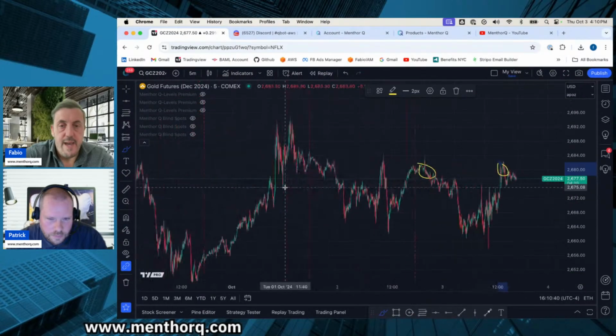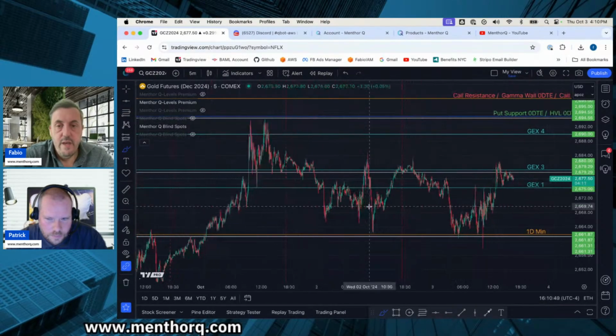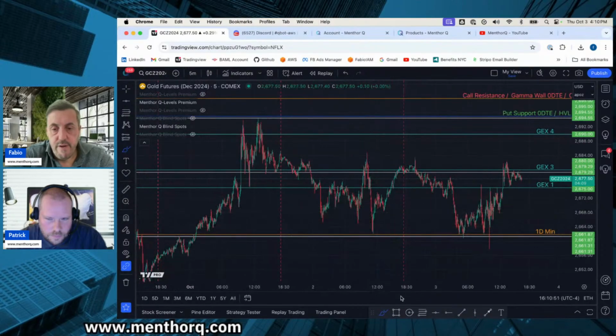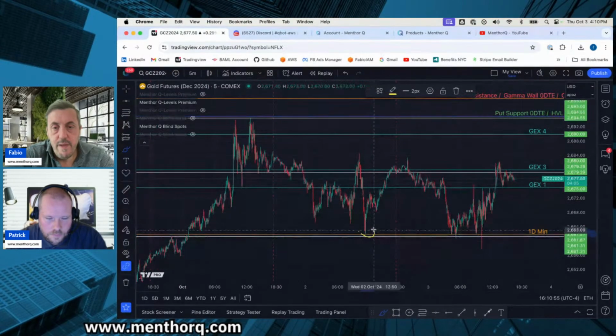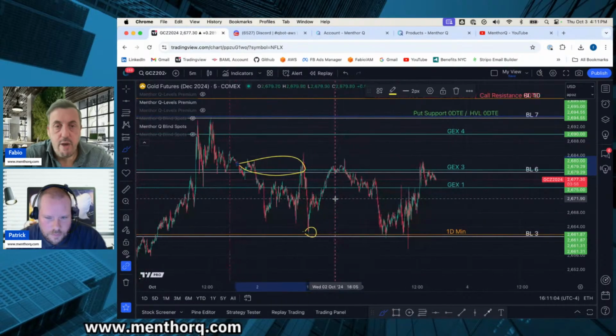If we go back to yesterday, let's plot the levels and the blind spot from yesterday. This was a very interesting chart. We have a perfect bounce from the one-day minimum for the day, and also some consolidation around this Jax3 level that is also our blind spot level.